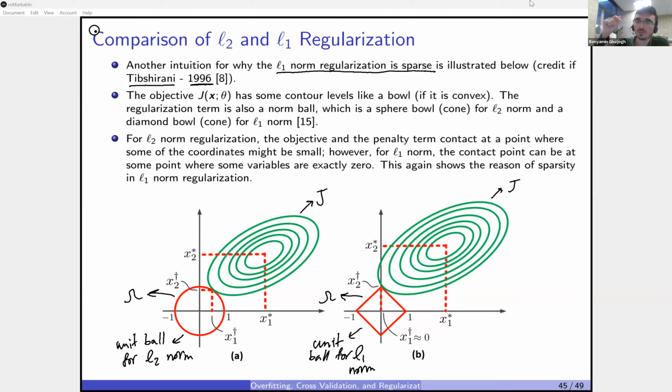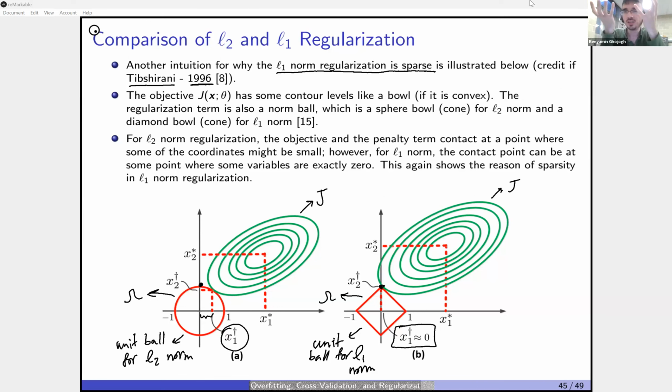In L2 norm, the probability that it touches the ball here is very low. So usually one of the coordinates such as this is shrunk close to zero, but it's not exactly zero. However, here the probability that this touches exactly one of these is very high, and this becomes exactly zero. Now this is a 2D case. Increase the dimensionality, and you should imagine it in multiple dimensions. You will have a diamond with a lot of sharp edges.